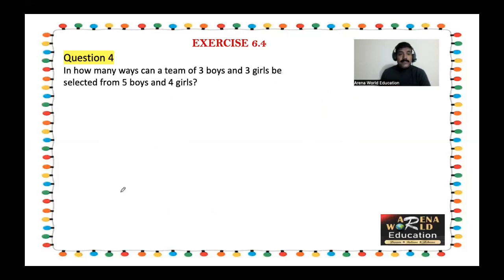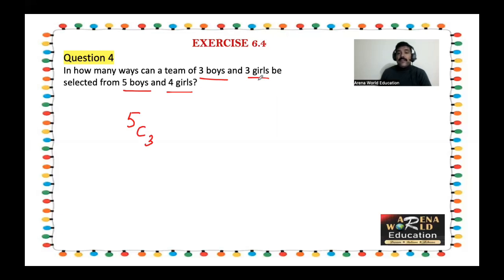So let us move to question number 4. In how many ways can a team of 3 boys and 3 girls be selected from 5 boys and 4 girls? I think this is a very easy question. We have 5 boys and we want to select any 3, so this will be done in 5C3 ways.